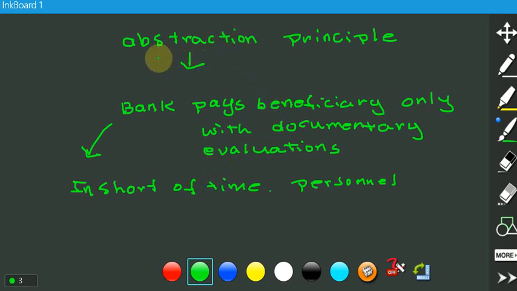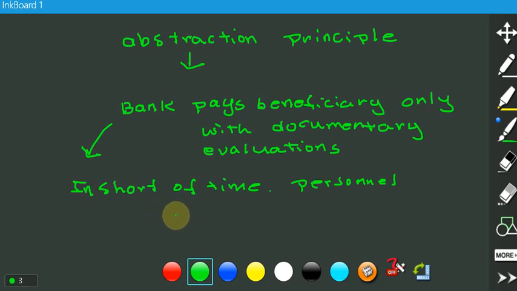So they just evaluate by documentary, whether the documentary is fitable to the letter of credit content.